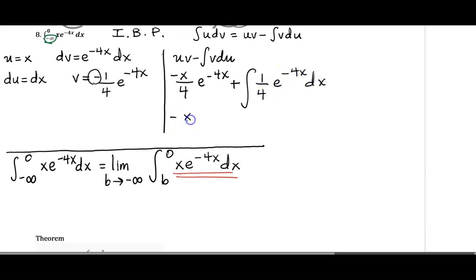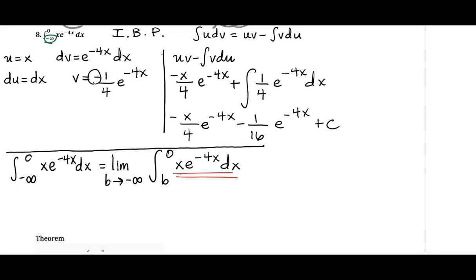We do know how to integrate that. The integral of e to the negative 4x is negative 1/4 e to the negative 4x. So that'll give us a negative 1/16. I'll put a plus c here. I won't when I go down there because I actually do have limits, but we have integrated it now.